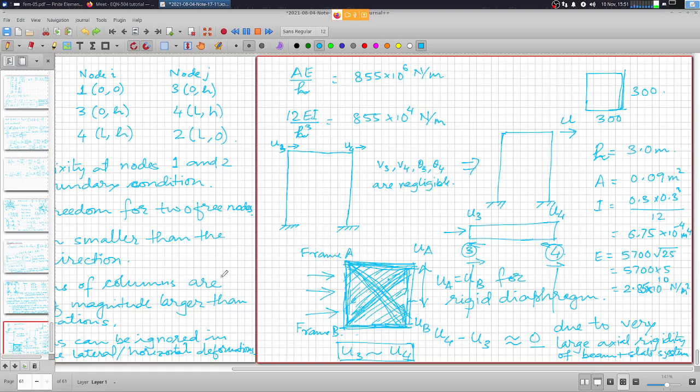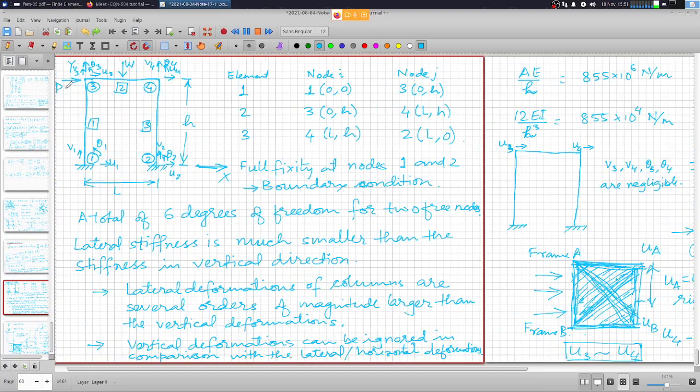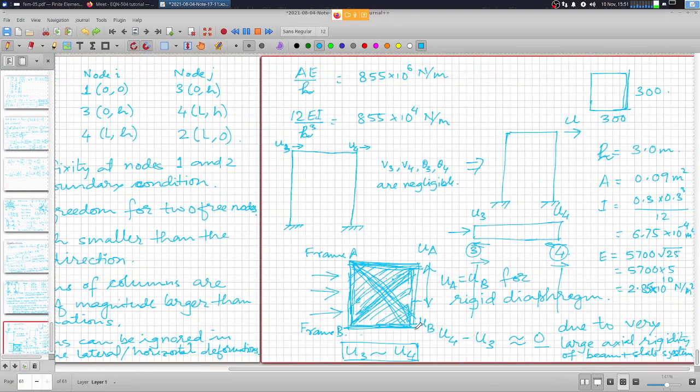We analyze this portal frame for the horizontal force P. Out of this distributed load, the total force coming onto the frames, frame B will take force in proportion to the stiffness of frame B, and frame A will take force in proportion to the stiffness of frame A.